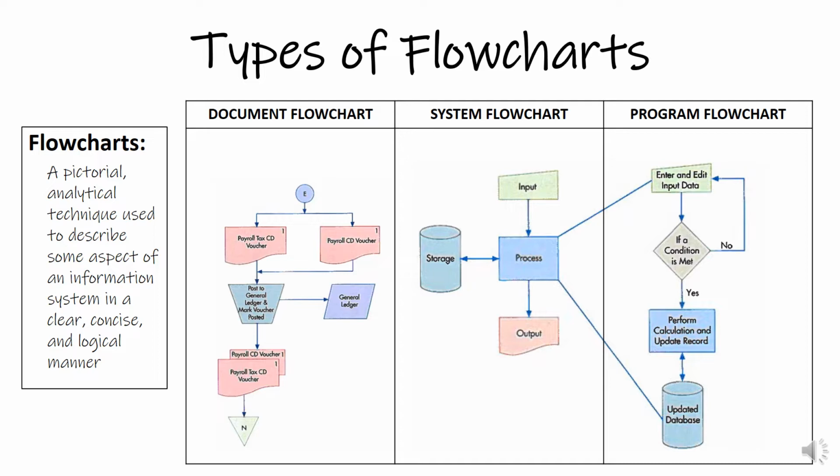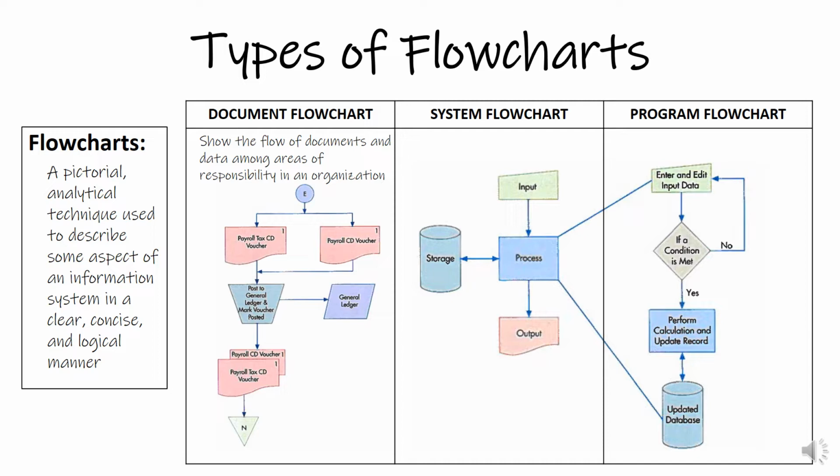There are 3 primary types of flowcharts. The first is the document flowchart, which shows the flow of documents and data among areas of responsibility in an organization. A subtype of the document flowchart is the internal control flowchart, which shows where the controls exist in a process.